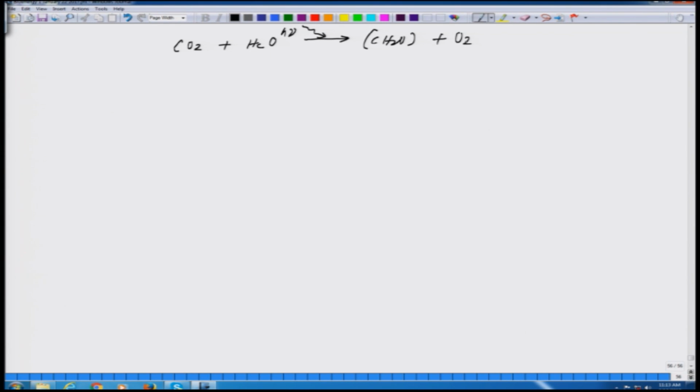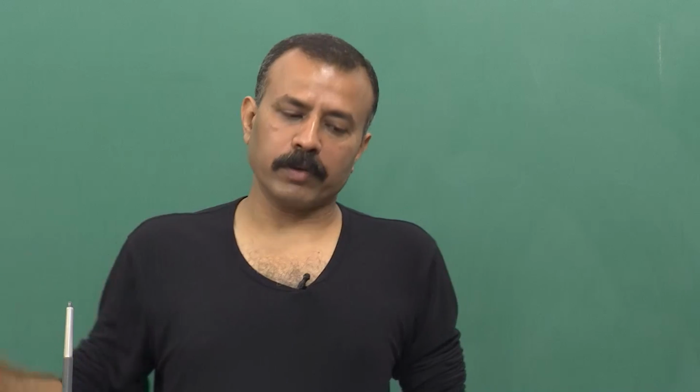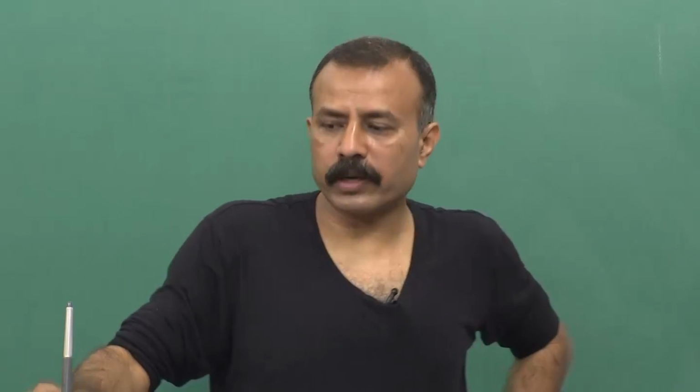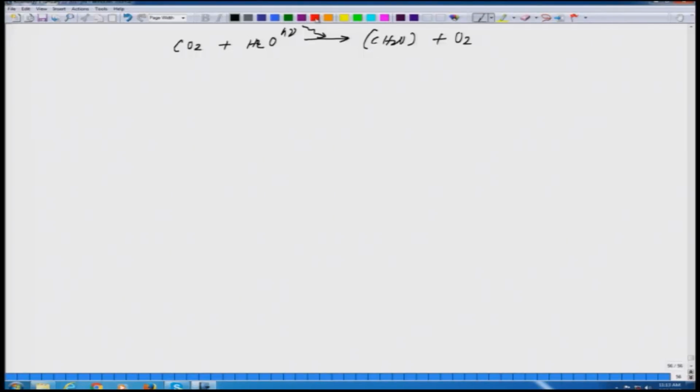Now, the question posed was how oxygen is getting evolved. Is it coming from carbon dioxide or from water? Look at the reaction carefully and you will realize what I am asking. Here is the oxygen which is getting evolved. How do you prove that it is coming from here or from here?